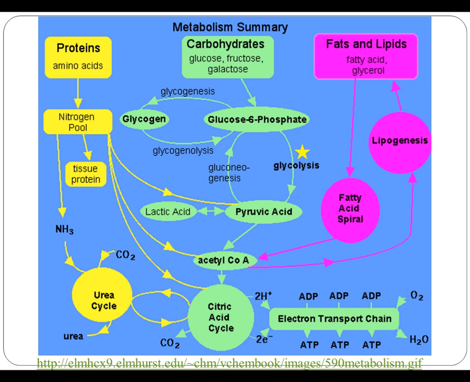So in this class, we're going to follow, in this image, the middle pathway where sugar is catabolized. You see the green highlighted pathway. We're going to start with glycolysis, produce pyruvic acid, and then drive the Krebs cycle, and then the electron transport chain. So we're going to go along the middle.